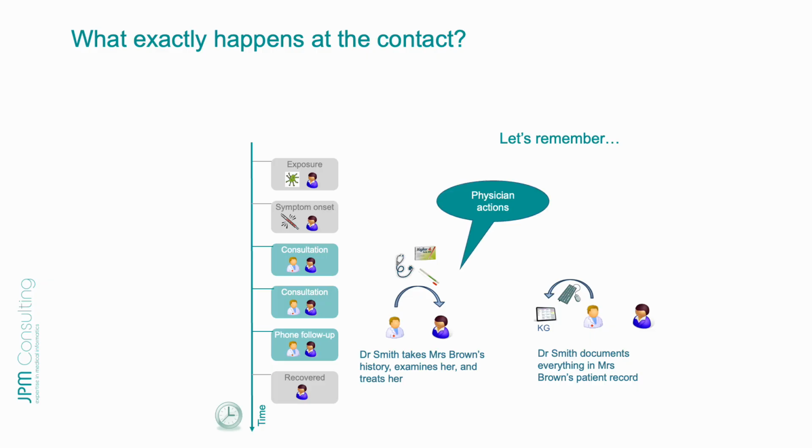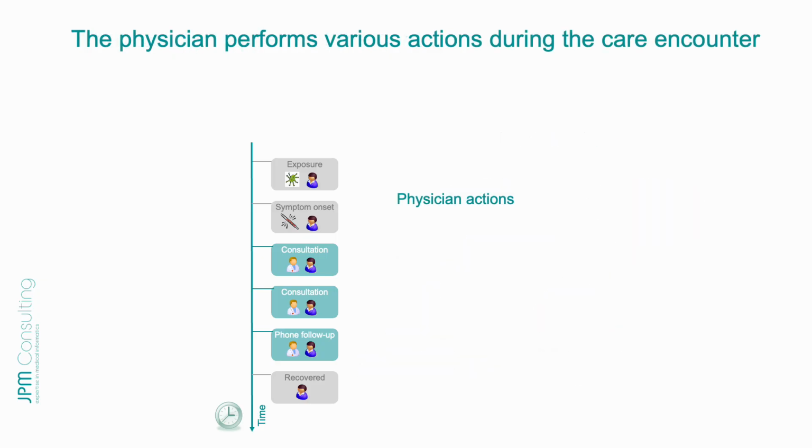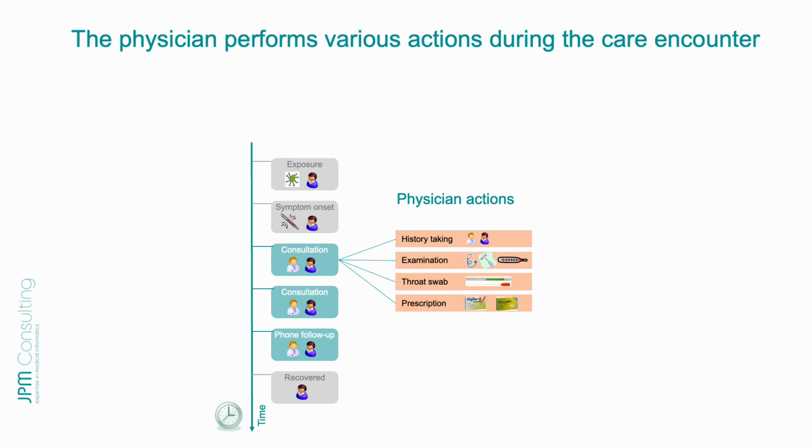First, the clinician's actions. Second, the documentation of the clinical findings. In our example, the clinician's actions include history taking, physical examination, a throat swab is taken as a laboratory test. Finally, treatment is started with a prescription.